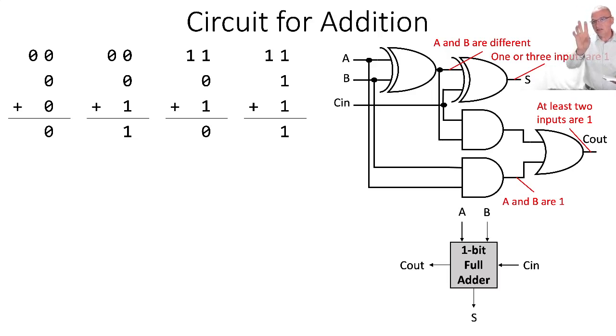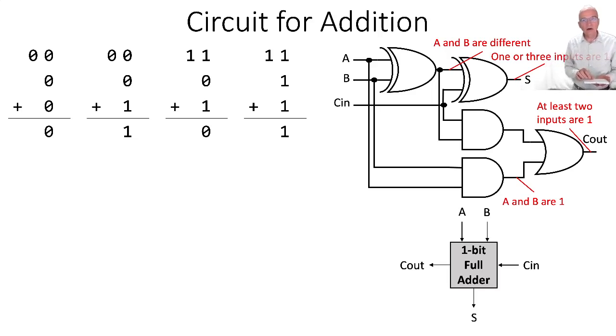So you can imagine that I took that circuit that I explained to you, and I put that entire circuit inside this box here, and this box now is what is known as a full adder, or a 1-bit full adder.